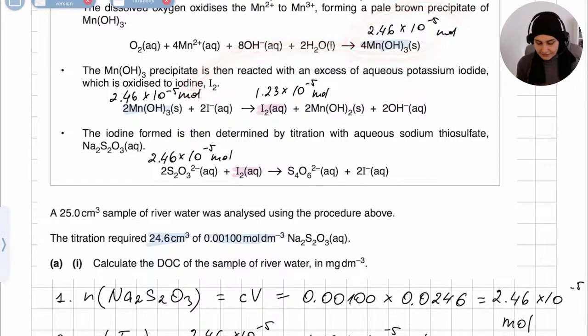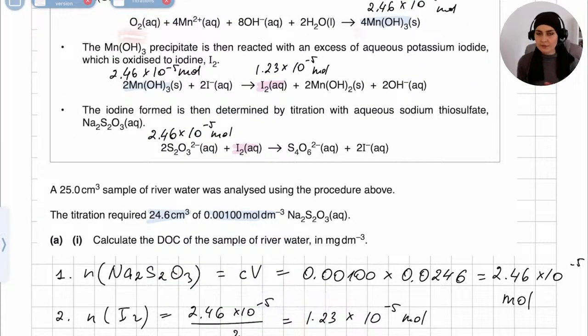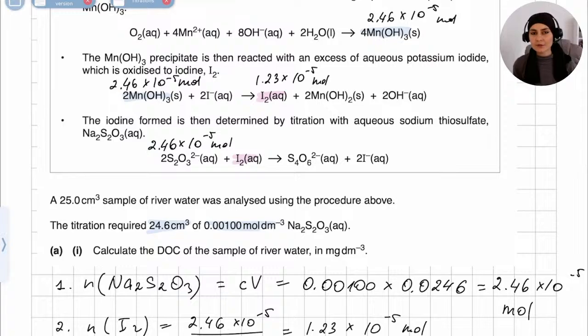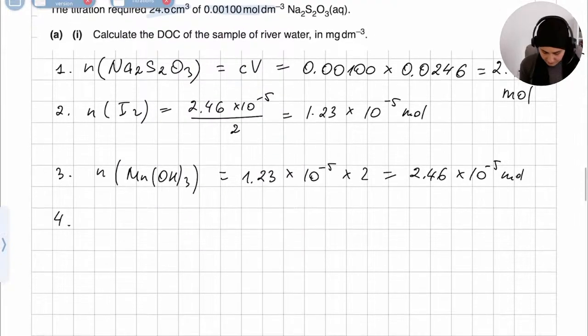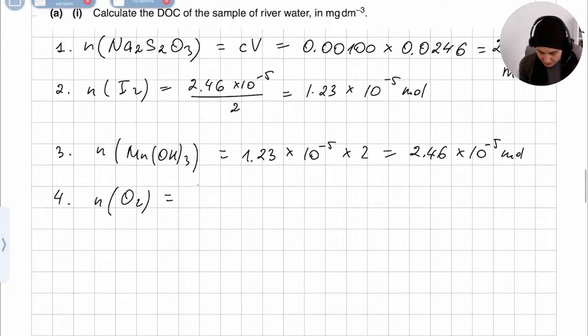And finally, I can find the ratio of O2 to MnOH3, because they're in the same equation. So now I know that my moles of oxygen are 4 times less, a 1 to 4 ratio, than MnOH3. It's 246 times 10 to the minus 5.